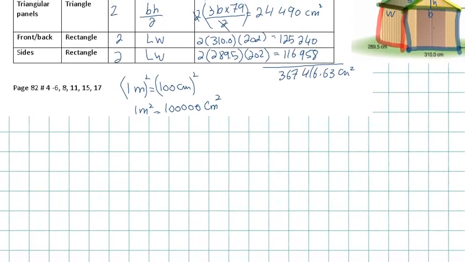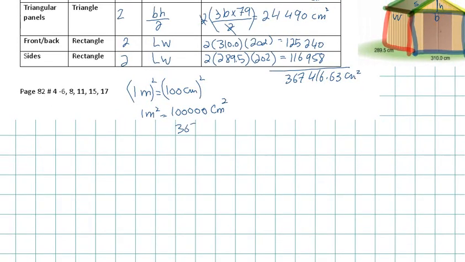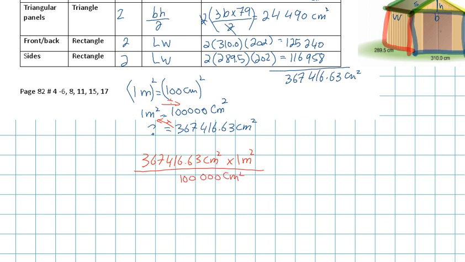Cross multiply and divide. Can you guys do 100 squared for me? 10,000.